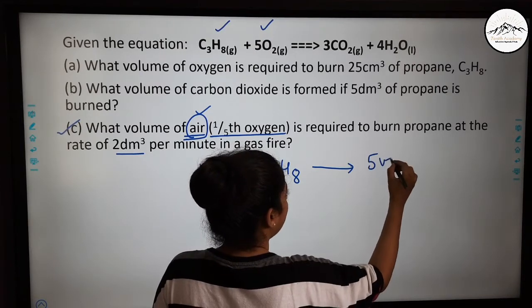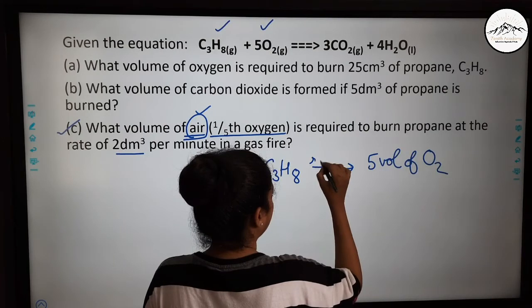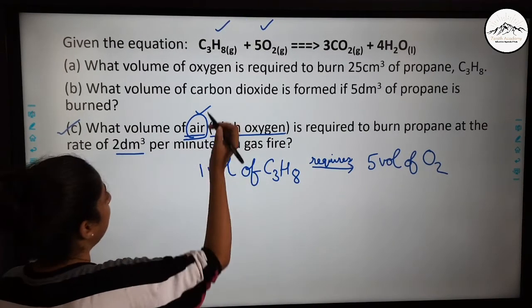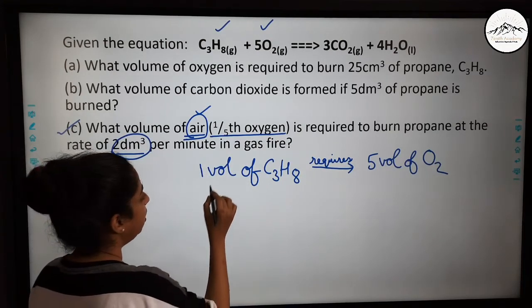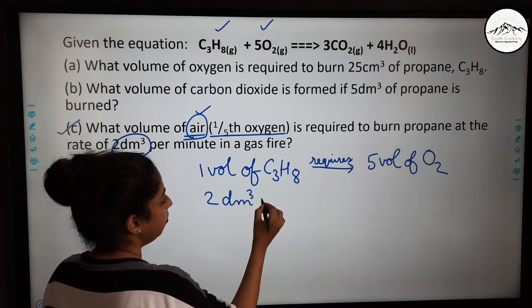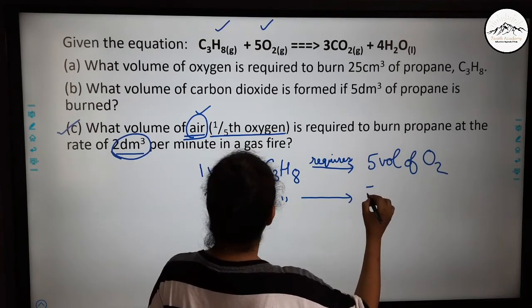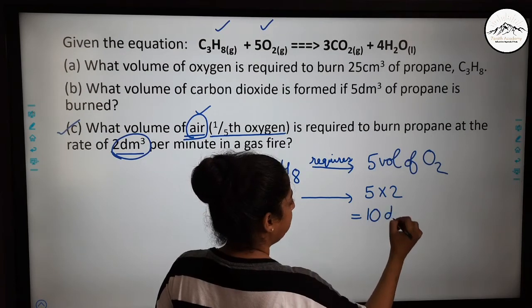Requires 5 volumes of oxygen. Okay. So now they have taken how much? 2 decimeter cube per minute. So in 1 minute the volume taken is 2 decimeter cube. So 2 decimeter cube of propane will require how much oxygen? 5 into 2, which is 10 decimeter cube of oxygen.